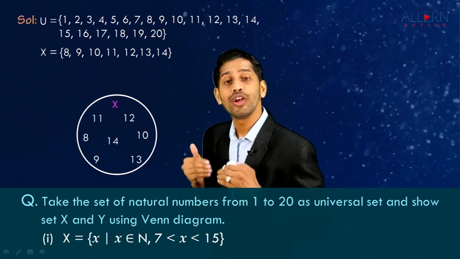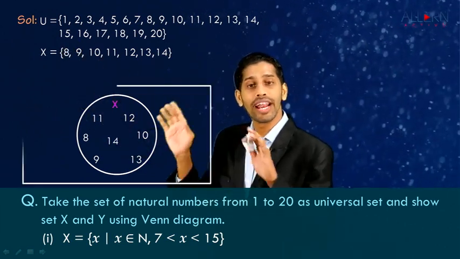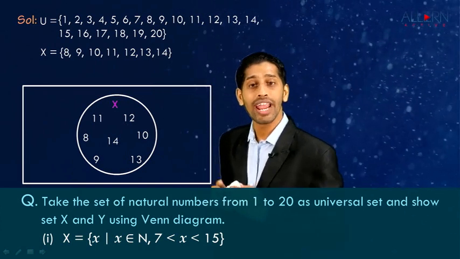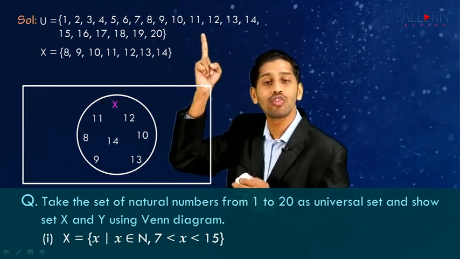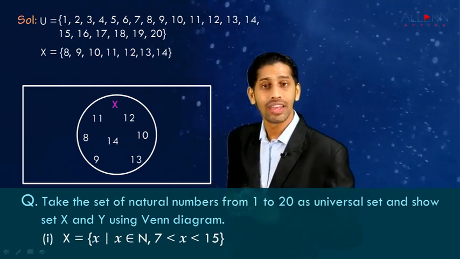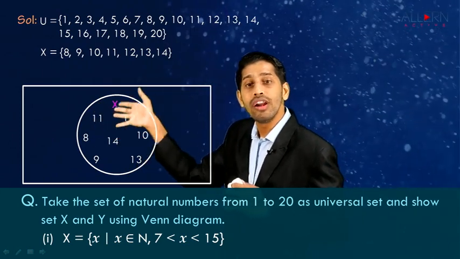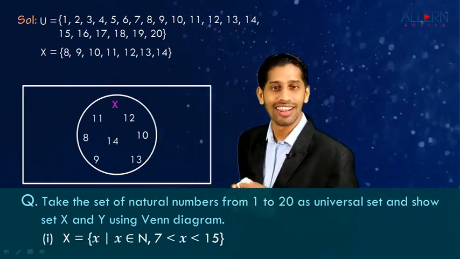Now we are going to draw a geometrical figure for set U. So we draw a rectangle for set U, and we have to write all the elements of set U in this rectangle. But remember, child, one thing, if we observe this Venn diagram, the circle is already a part of the rectangle.